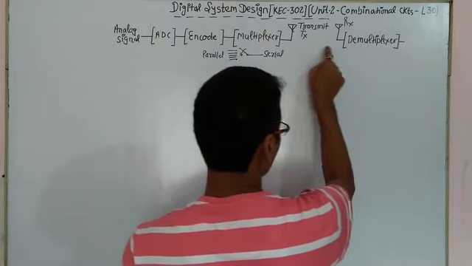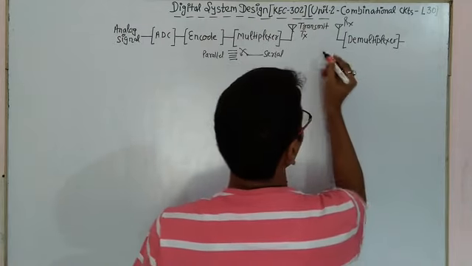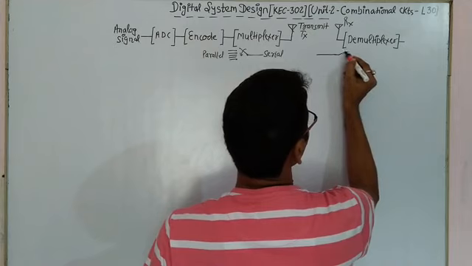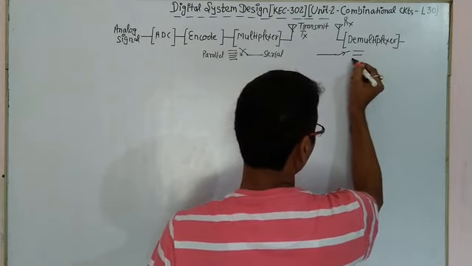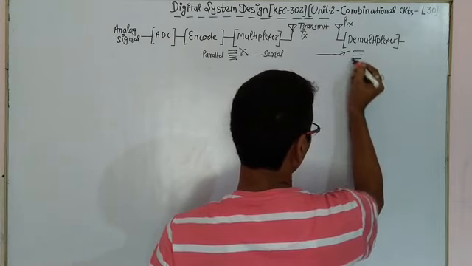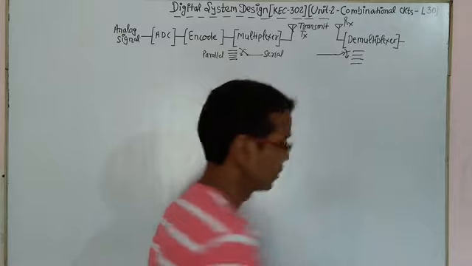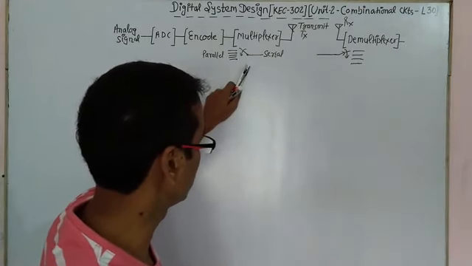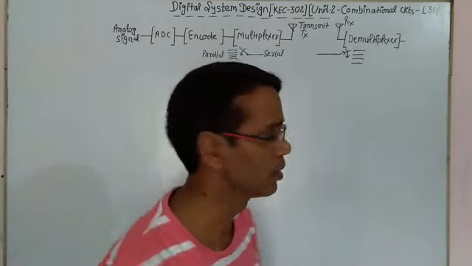This is the channel, and at the receiver side this serial input will again be converted into many outputs or many users. So you need a demultiplexer. The multiplexer is required at the transmitter and the demultiplexer is required at the receiver.